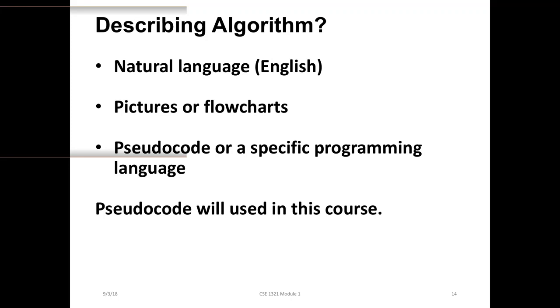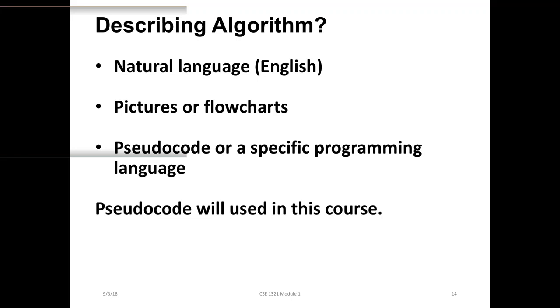Map. And there is another good way, writing pseudocode. What is the meaning of pseudo? Fake. Fake code, or code-like, like a computer code. So pseudocode is a good way to describe an algorithm.